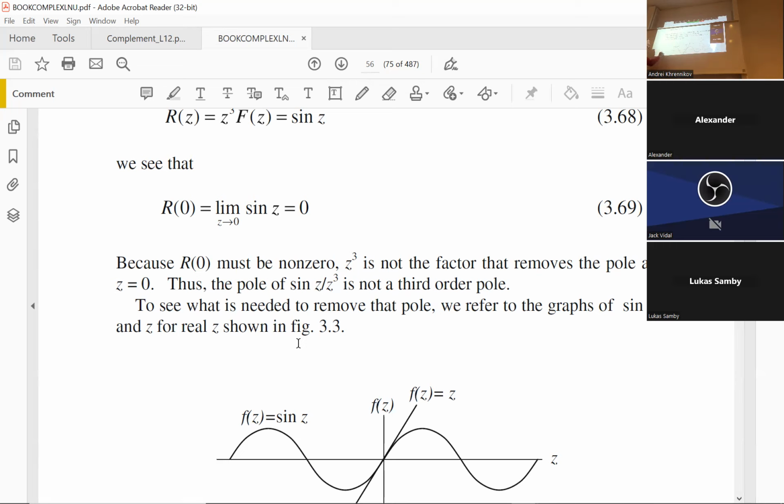So this is a simple pole of degree 1. Of course, you can use the abstract definition with a limit, but it is typically much easier to do it in this way.